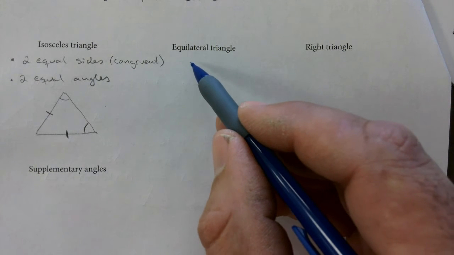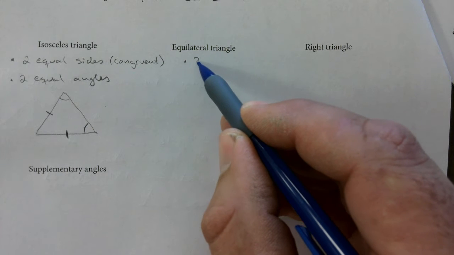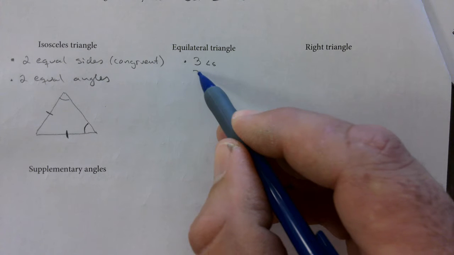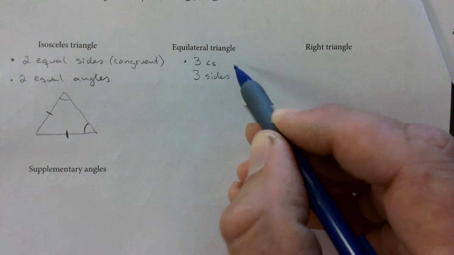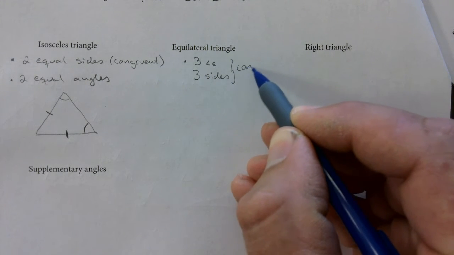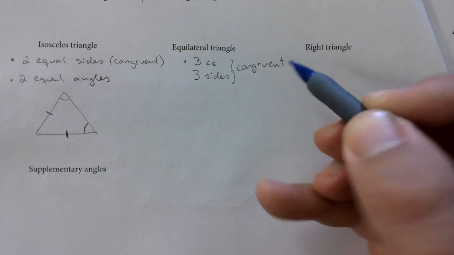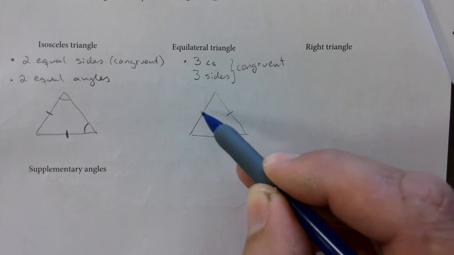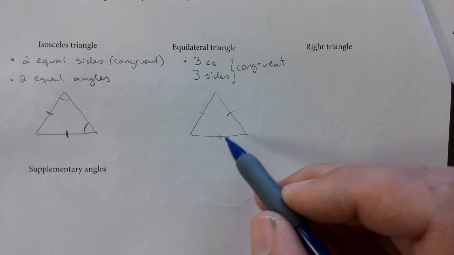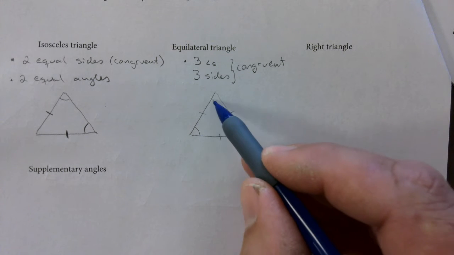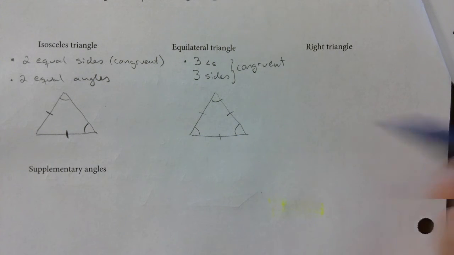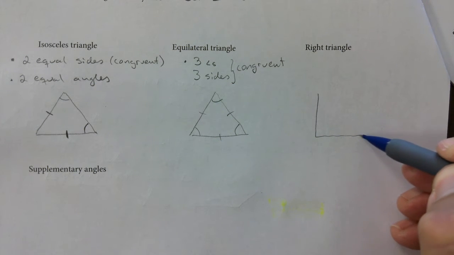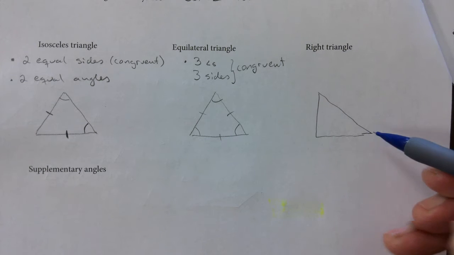Equilateral: three angles, three sides that are all congruent. And so all three angles, because all sides are the same, all three angles will be the same. And then obviously your right triangle.